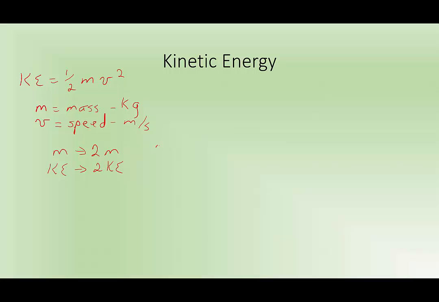However, if your speed goes to be twice the speed, in the equation for kinetic energy, the speed is squared. So that means that twice your speed is going to change your kinetic energy to be 4 times as much as it was before. So it has a much larger effect on it.